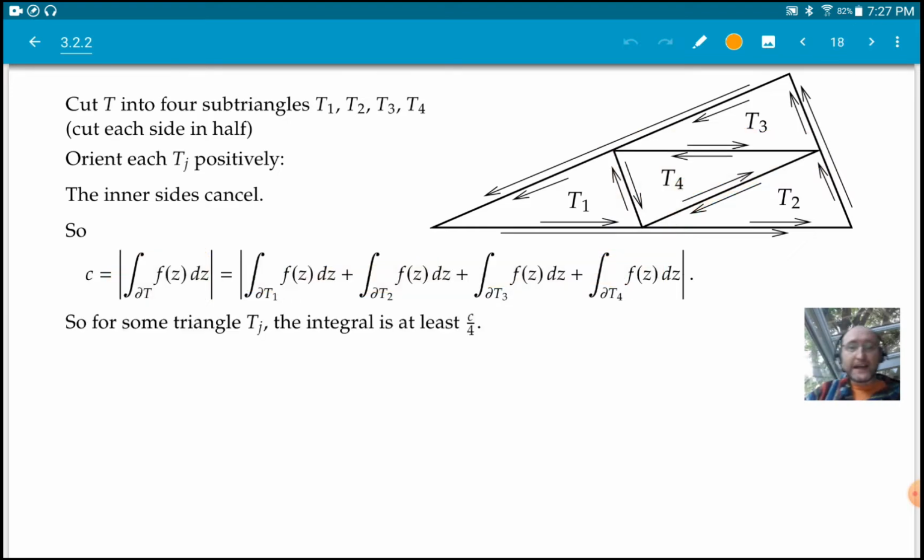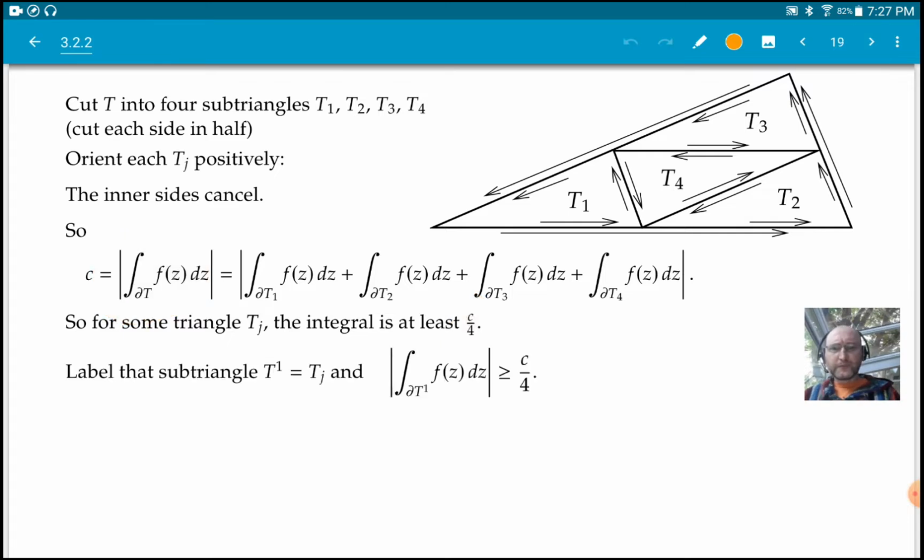Now, if this path integral is c, some non-zero number, and we add up 4 smaller numbers that add up in absolute value to c, then at least one of those numbers, maybe more, is at least a quarter of c, c over 4, or bigger, in absolute value.